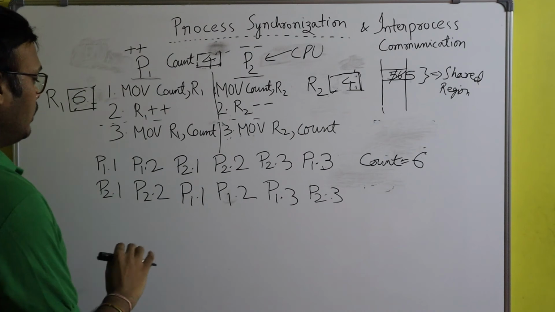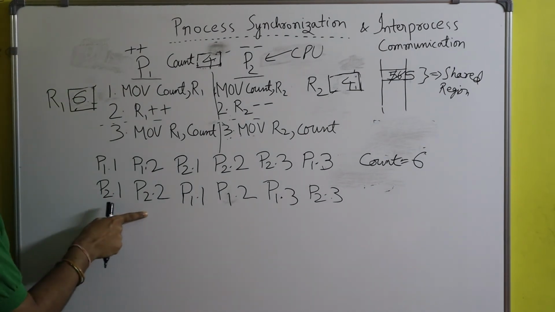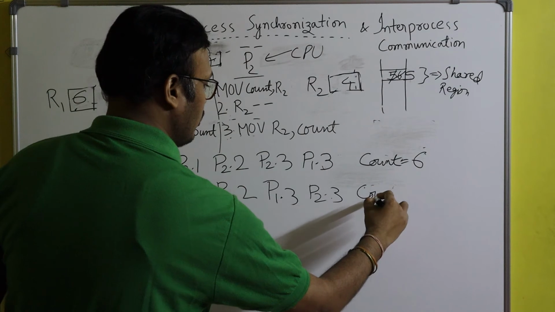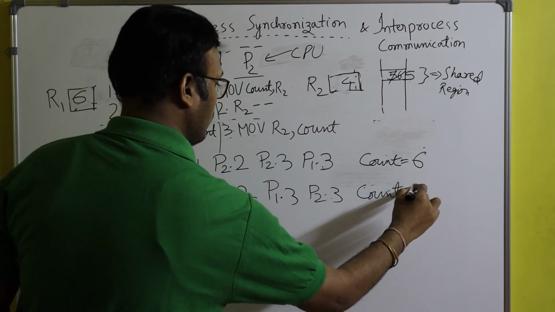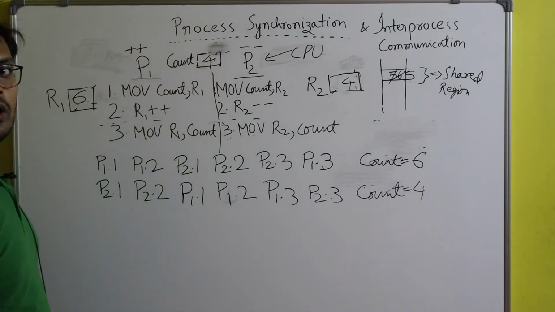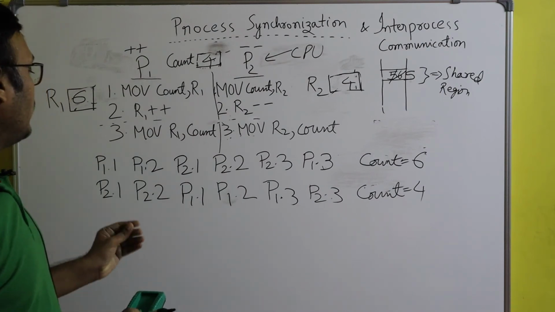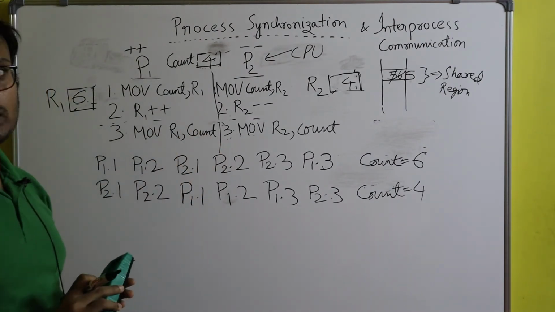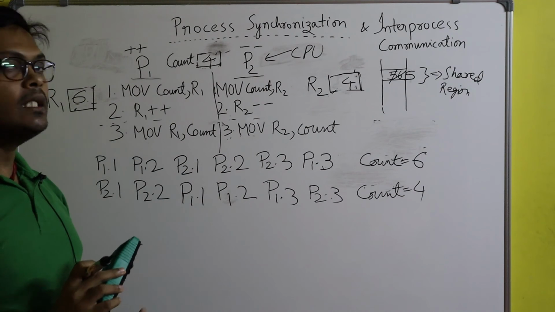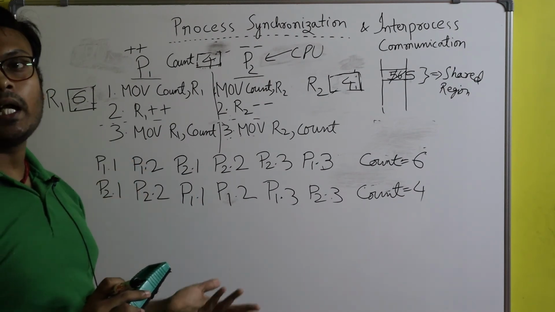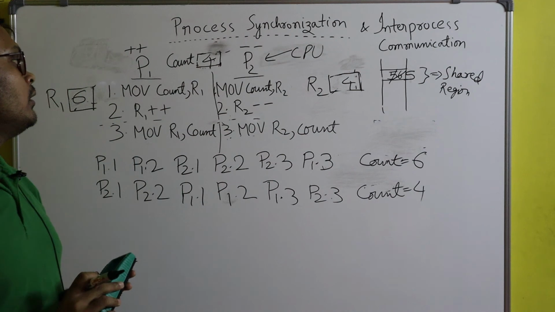So if we follow this order, we get the value of count as 4. Just see, we are getting different results due to the different order of execution of processes. These are inconsistent, incorrect, undesirable results that we don't desire.